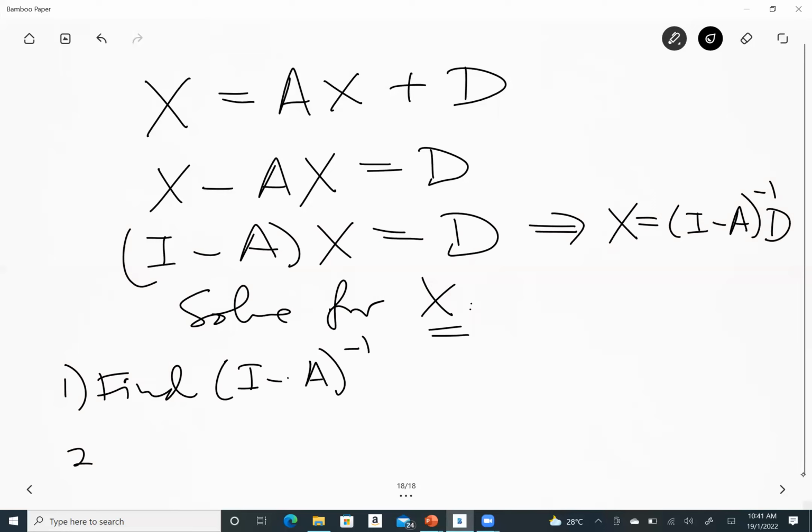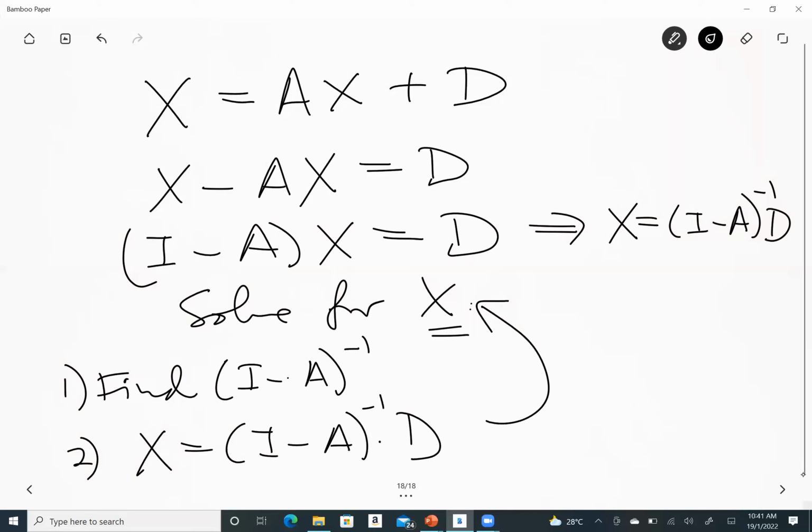And then I just rewrite: X is equal to the inverse of I minus A times D. Then you will get there.